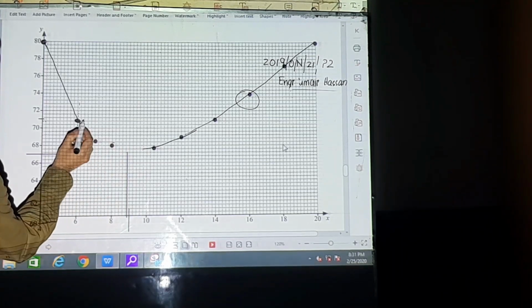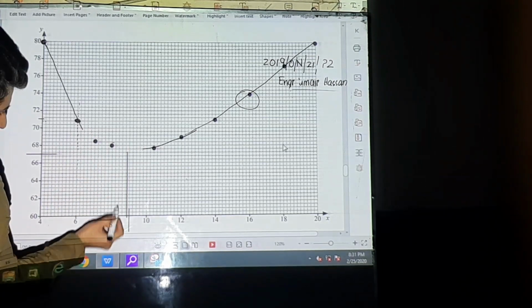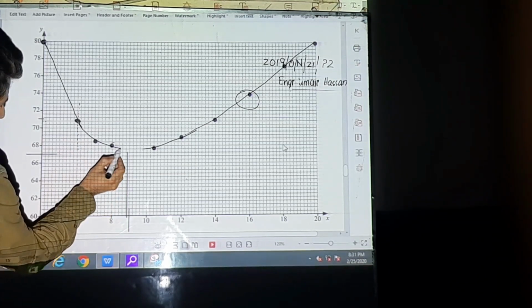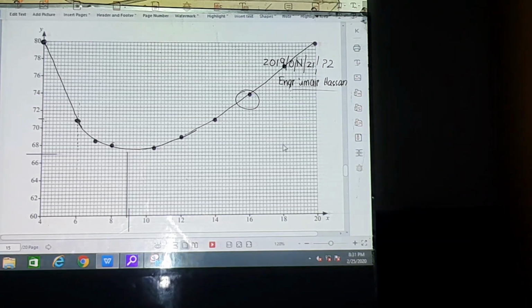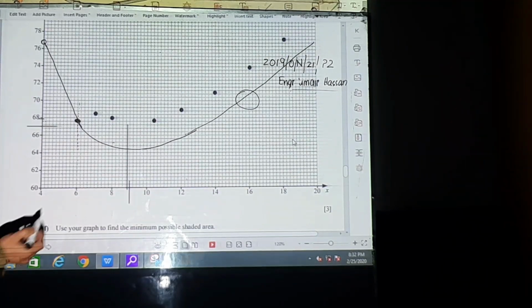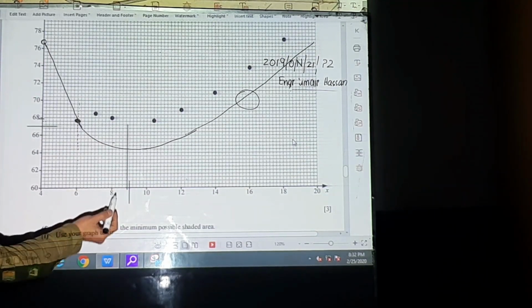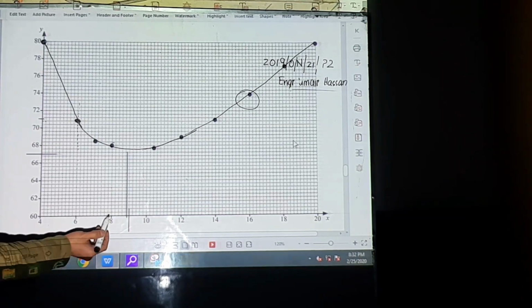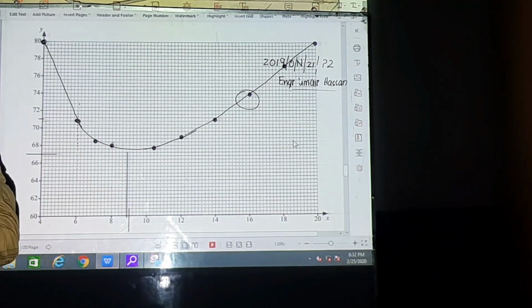So let me make another try to have it in a proper way, a better one. When x was 8, y was 68, just to confirm. Now this one is your curve.